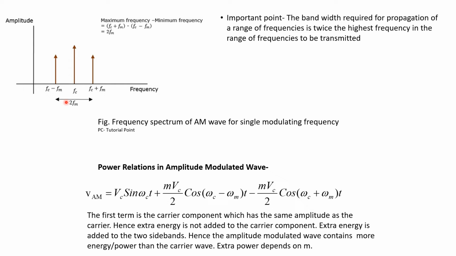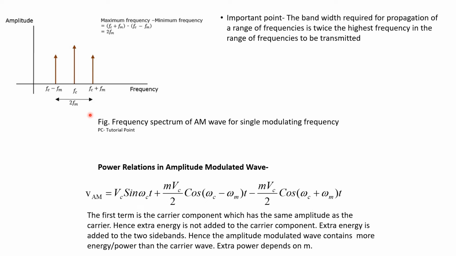Now in the second diagram, the frequency spectrum of an amplitude modulated wave for a single modulating frequency Fm has been shown. In the previous diagram, we considered the case when, instead of a single modulating frequency, a range of modulating frequencies or a range of message signals was to be transmitted.